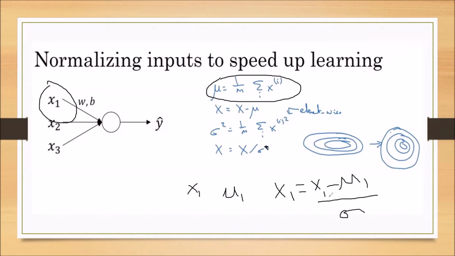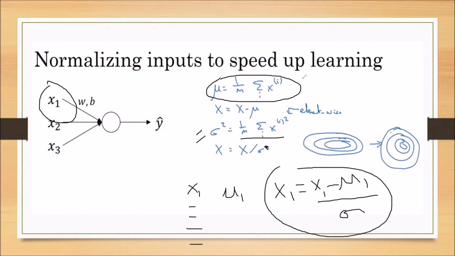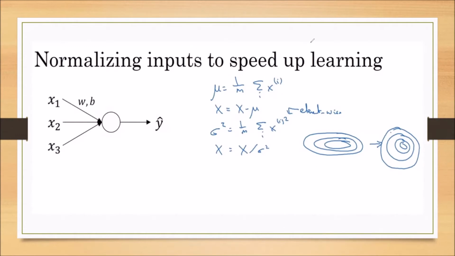Standard deviation is nothing but the square root of variance. What is variance? Sigma square. Sigma square is the summation of the squares of the values of that feature over all training samples. Now x1 equals x1 minus mu1 divided by sigma is the normalized feature.